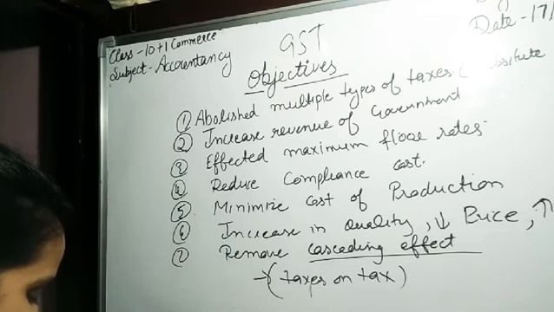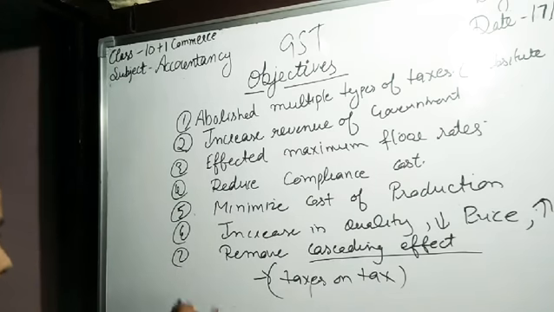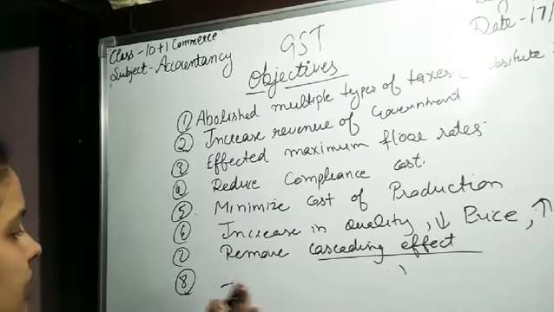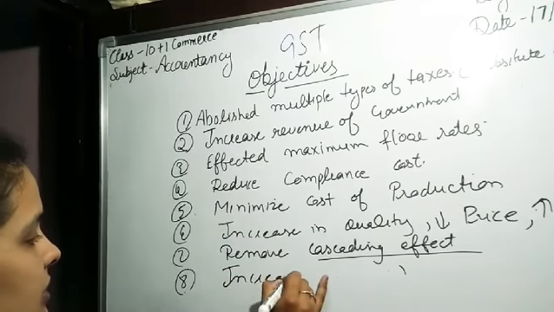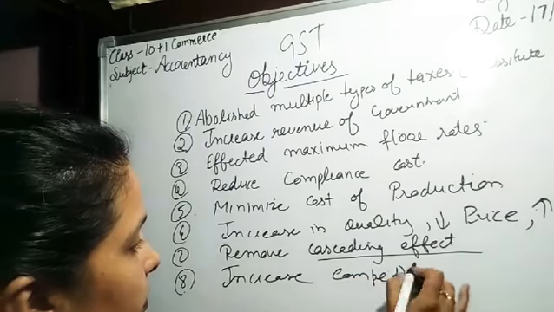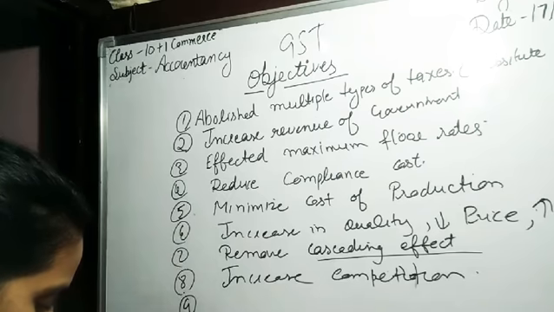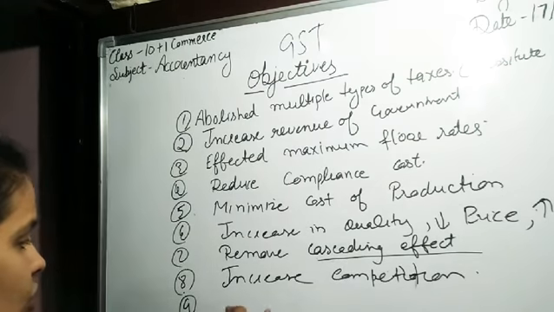The eighth is GST extends competition in the international market. The objective of GST is to increase competition in the international market. And the ninth point is GST promotes economic growth.